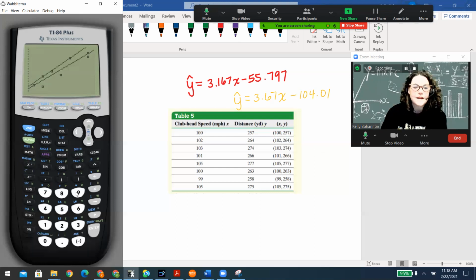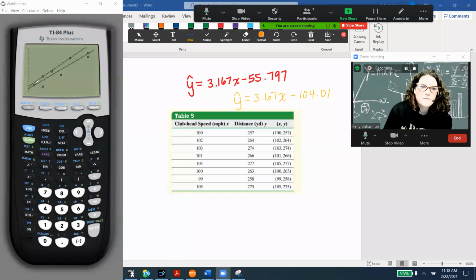But you can definitely tell which line is better, but we need to prove it. So let's look, first of all, at the line that the calculator found, the least squares line. Look at these data points, it almost goes through that one, and then that one, and these 2 that are going through the other line.